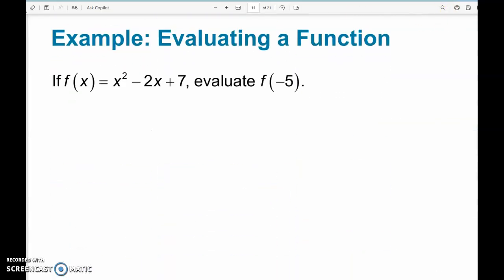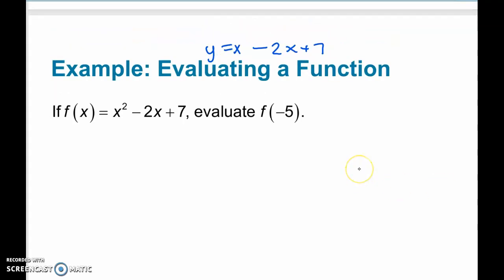Here is an example of a problem that you might encounter. Sometimes equations, you'll see them written like this. Here is an equation. It says y is equal to x squared minus 2x plus 7.